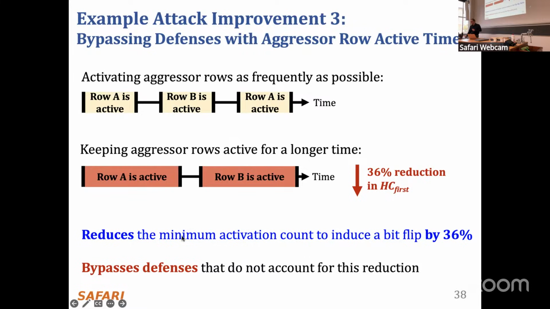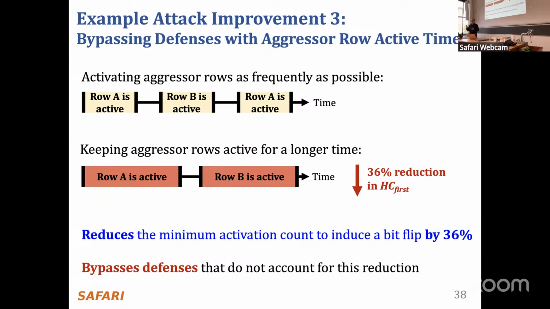And essentially, if you configure your RowHammer solution to refresh adjacent rows with some HC first in mind, which is based on this sort of access pattern, the solution will not cover the access pattern where you keep the row active a little bit longer, because keeping the row active a little bit longer induces more disturbance, leading to a smaller HC first.